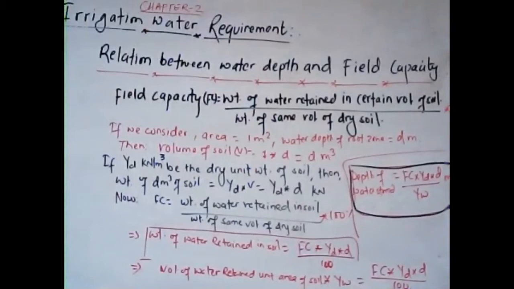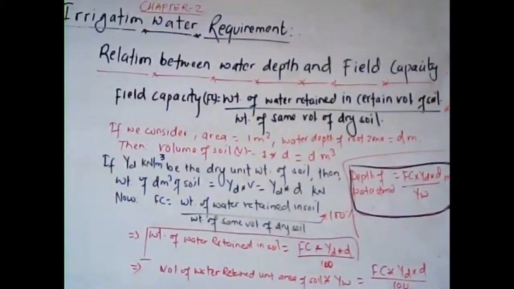Okay, so if gamma d, in kilonewton per cubic meter, is the dry unit weight of the soil, then the weight of d cubic meter of soil is, weight W equals gamma into V. So here it is a dry weight.